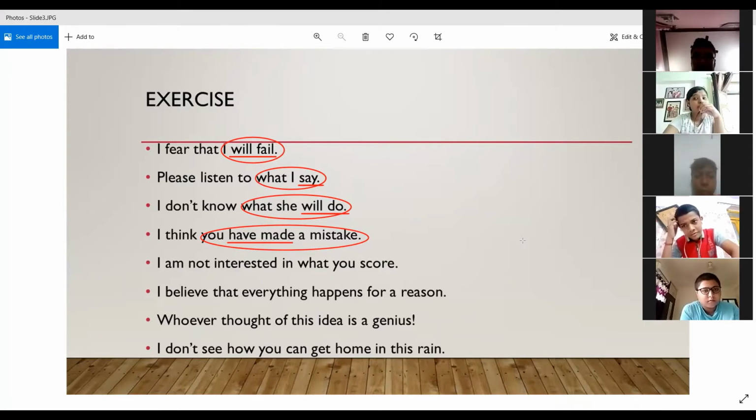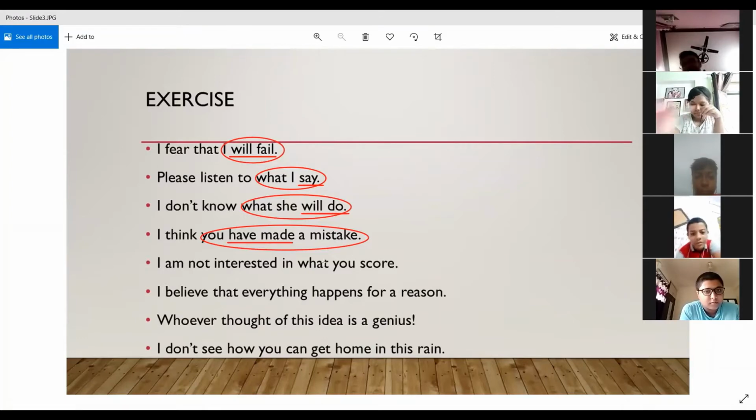I am not interested in what you score. So tell me, the clause part. Sir, "in what you score" will be the clause. Only "what you score" will be the clause, not "in", because the question will be what I am not interested in, right?